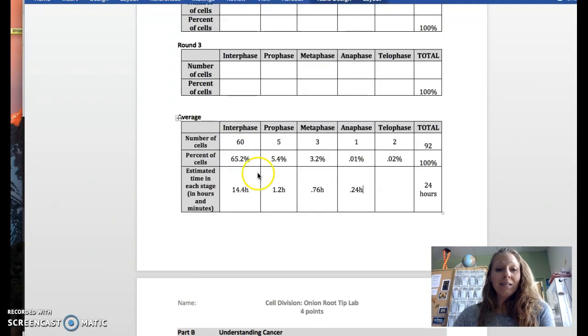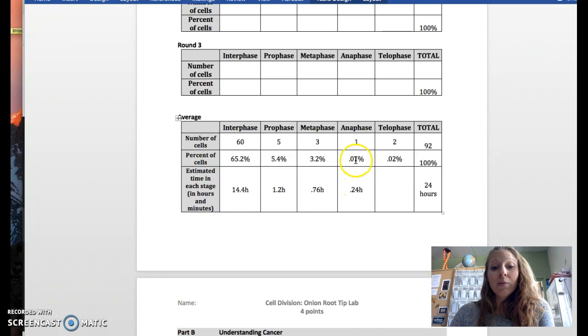Then you're going to find the averages here, and then calculate the percent of time for those averages. And then we're going to multiply that percent. So if it's 65.2% of the time, you're going to multiply 0.652 times 24, or 24 hours in one day. Make sure that you're not multiplying 5.4, but 0.054.